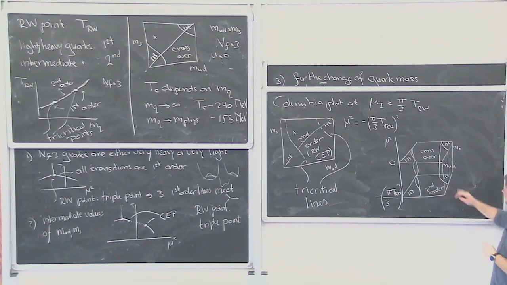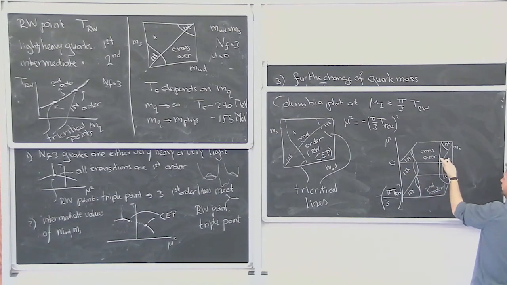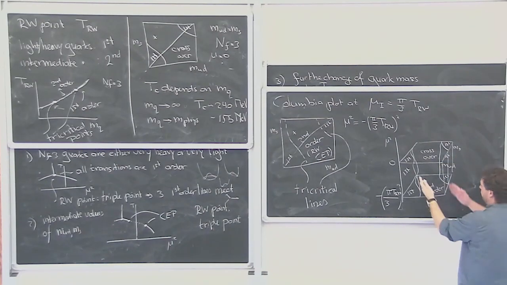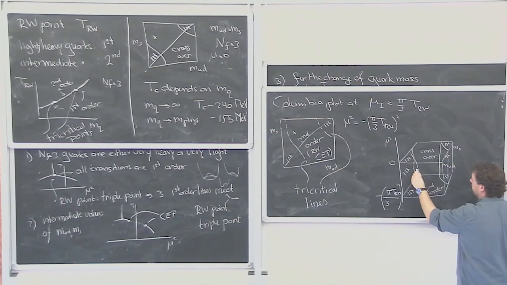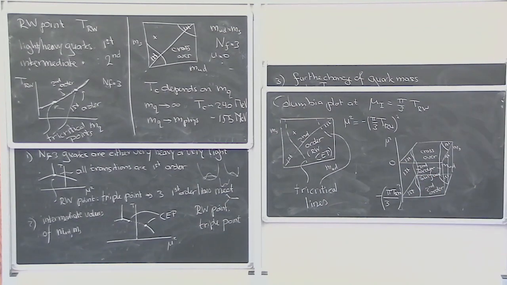So the way to look at this now is that everything to the left in this corner is first order, and to the right is first order. And these first order regions are ended by second order surfaces. And in the middle then it's a crossover. Yeah. So it's quite an interesting graph.